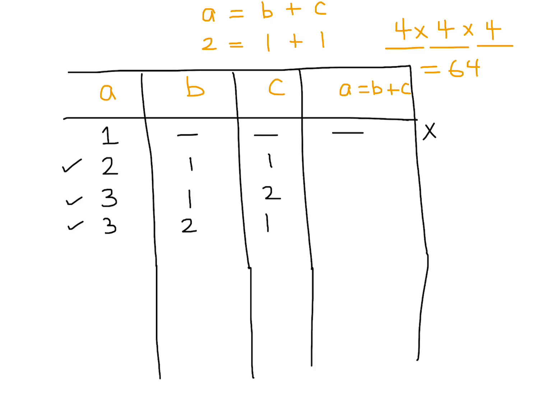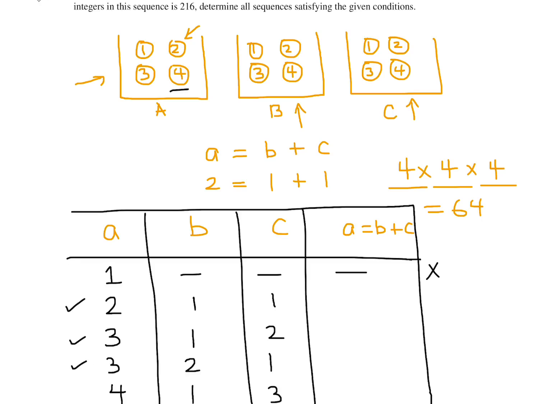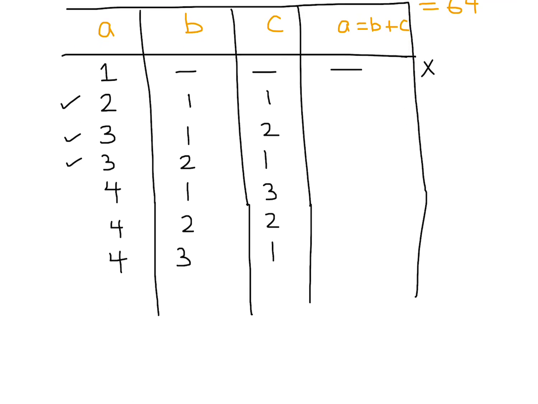If A is equal to 4, B can be 1 and C is 3, B can be 2 and C is 2, and B can be 3 and C is 1. And that's it, right? Because the largest number is 4. So we pretty much exhausted our possibilities.